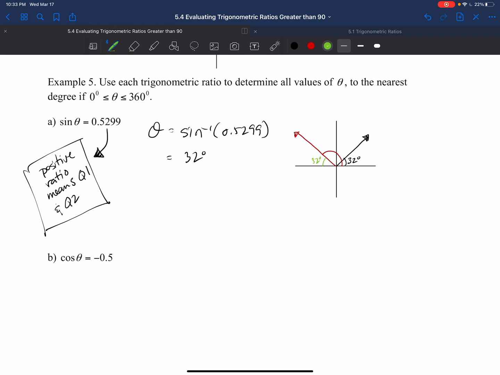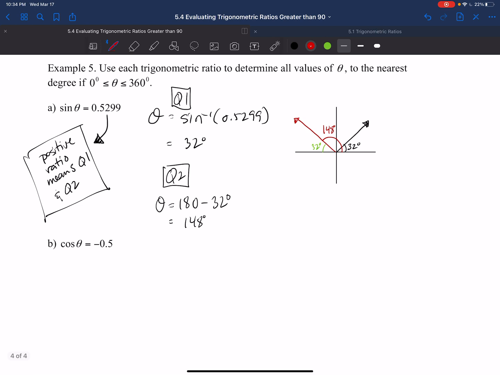So its related acute angle is 32. So this answer that we got to begin with was quadrant 1. What about quadrant 2? 180 minus 32 or 148? So the sine of 32 degrees is 0.5299. And the sine of 148 degrees is also 0.5299.